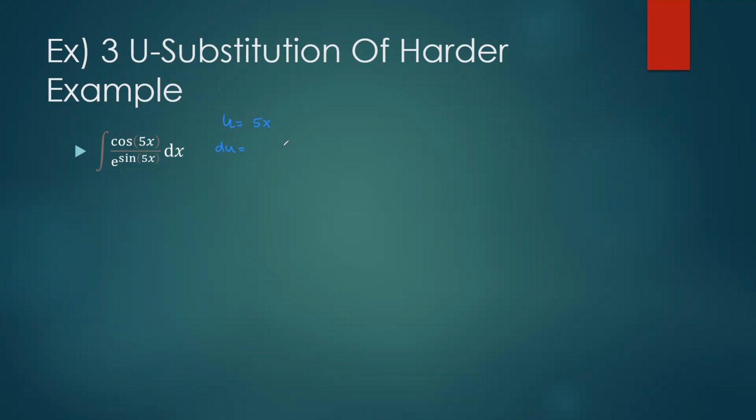I would actually make it as sin of 5x. Yeah, let's make u as sin of 5x. It's much better. And then du would be 5 cosine of 5x dx.